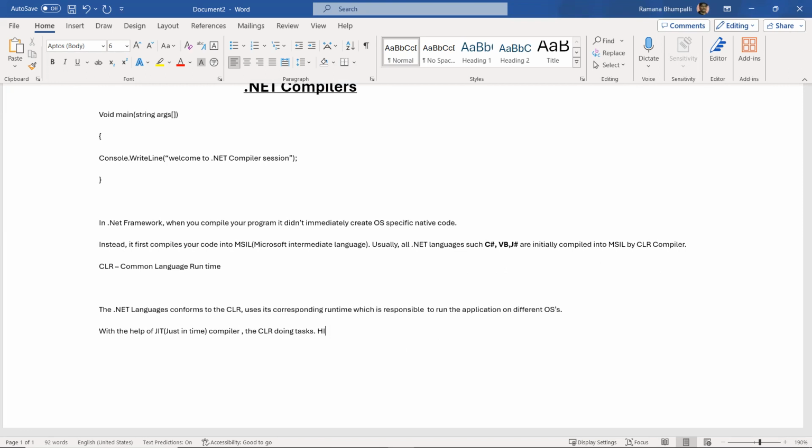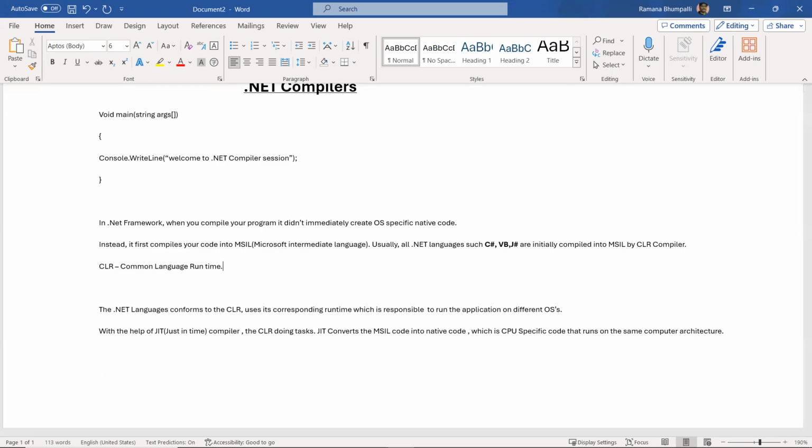So JIT converts the MSIL code into native code, which is CPU specific code that runs on the same computer architecture.